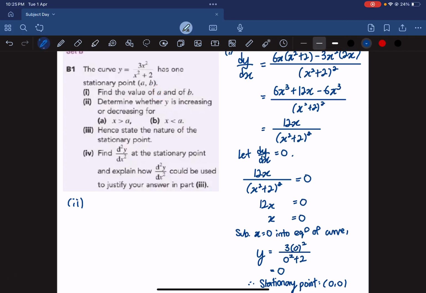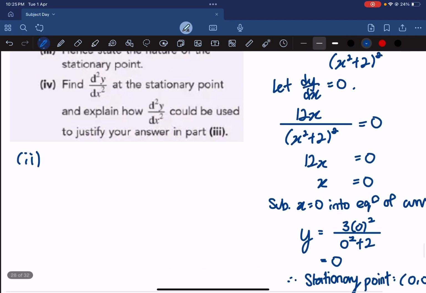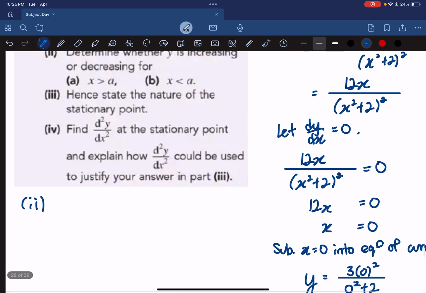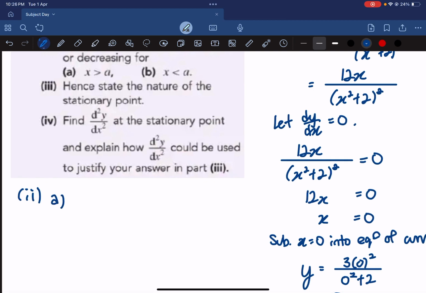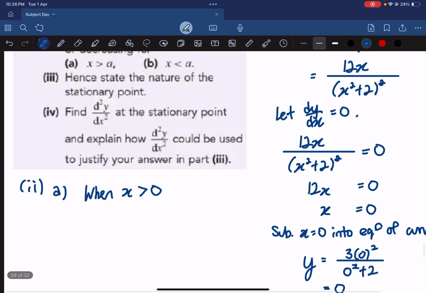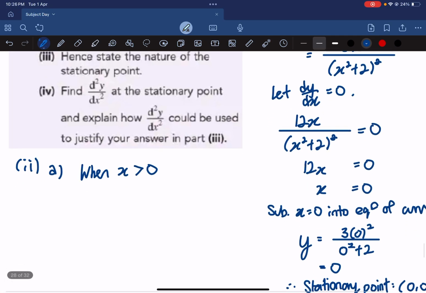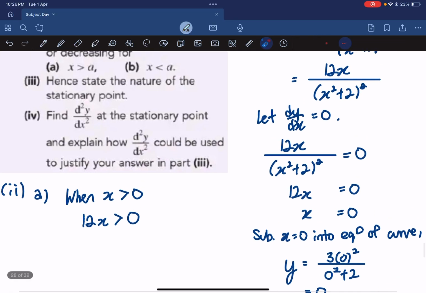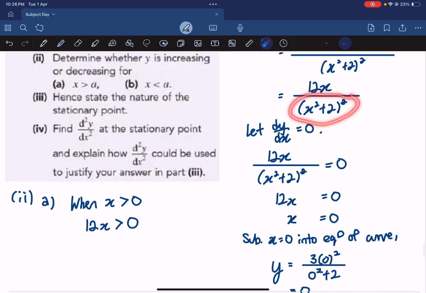So for the first part, part A, when x is strictly greater than 0, I know that 12x is strictly greater than 0. And I know that the denominator of my dy over dx, x squared plus 2, the whole thing squared, is always greater than or equal to 0.